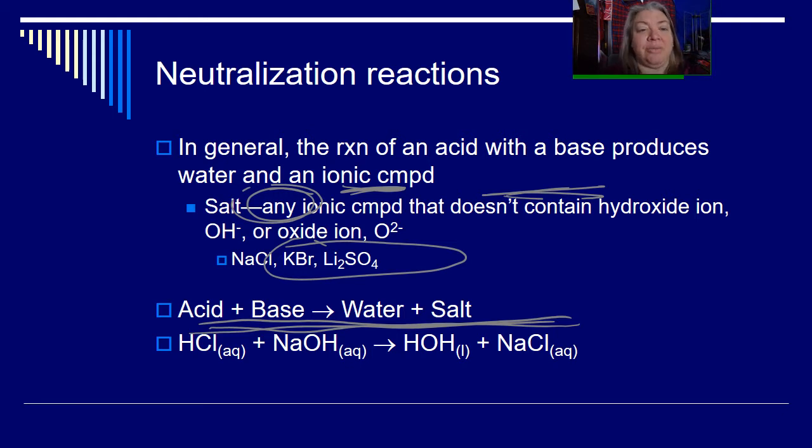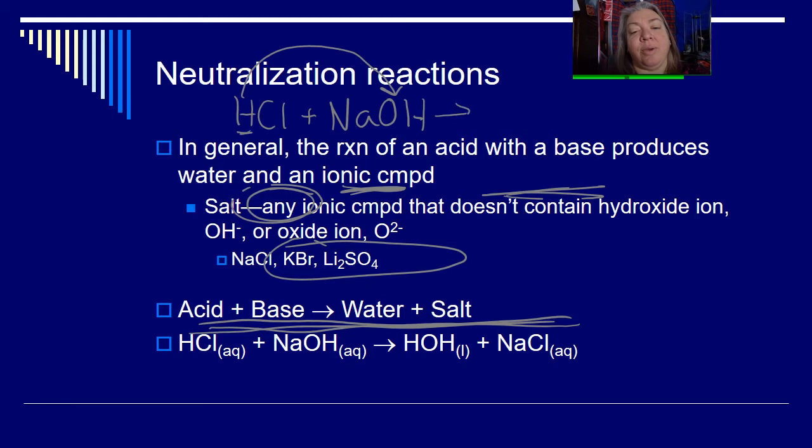Let me show you. So here we have HCl, and we have sodium hydroxide. Now what'll happen is that the H is going to come over here and react with the OH. H is +1, OH is -1. I often like to write this as HOH. It's just water. You could write it as H2O. It means the same thing.